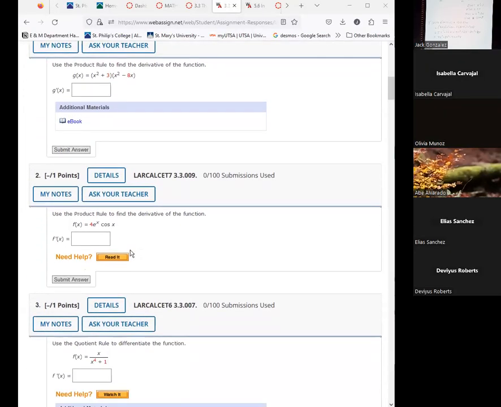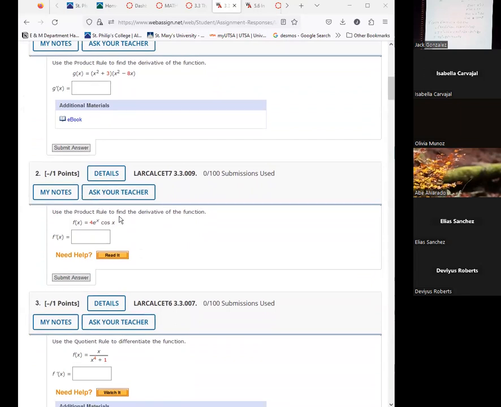So you need to be able to spot when you should do product rule. You see this guy, you have a 4e^x function times a cosine function. So that should be the big hint. Oh, I need to do a power rule. I can't just do it straight up. I'm sorry, a product.